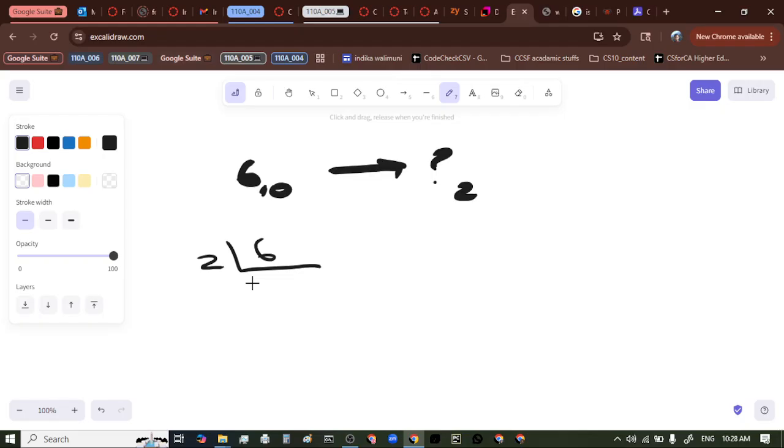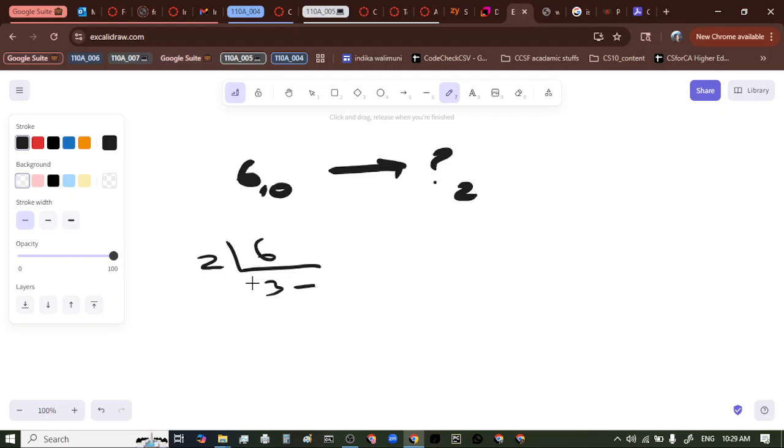Yeah, because we are moving from base 10 to 2. So start dividing by the base, 2. So we get 3, right? Then alongside that, we write the remainder, what's left. When we divide 6 by 2, there's nothing left, so 0. Write 0.